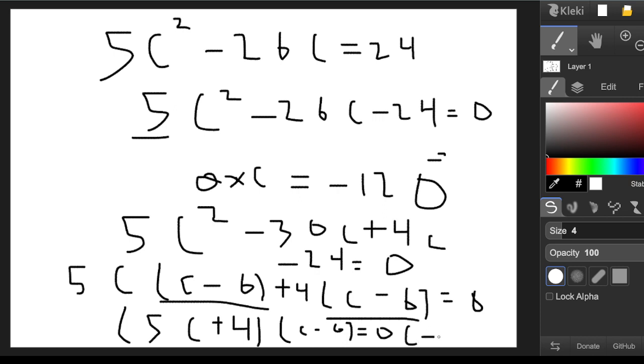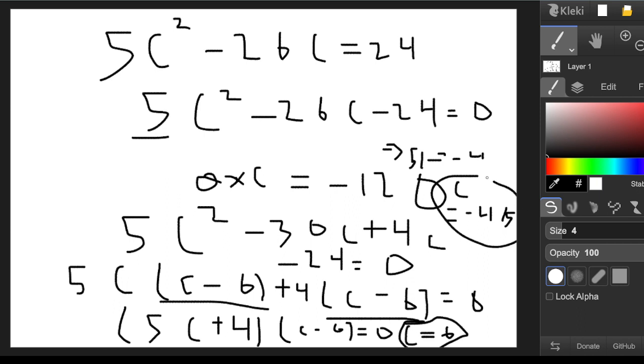So we know that on the right one we get c equals 6, and on the left one we get 5c equals negative 4. So c equals negative 4/5. So the solutions are c equals negative 4/5 and c equals 6.